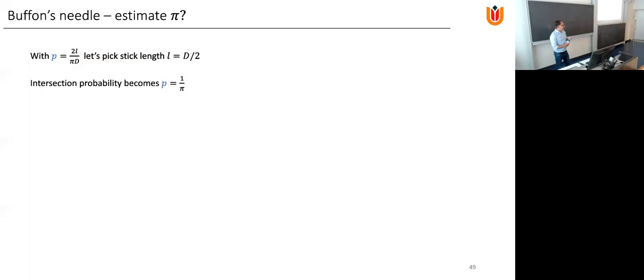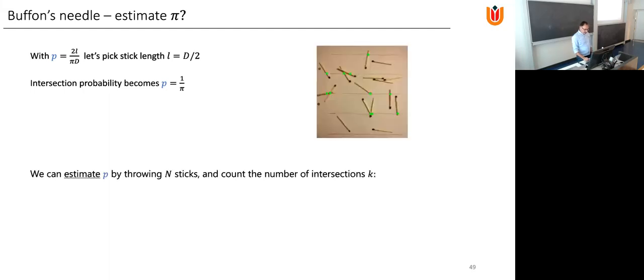But rather than doing this trick in the bar, we can also ask: can we use this probability to make an estimate of π? If you pick the length of the stick to be exactly half the separation between the floorboards, we can simplify this probability. The intersection probability becomes exactly 1 over π.